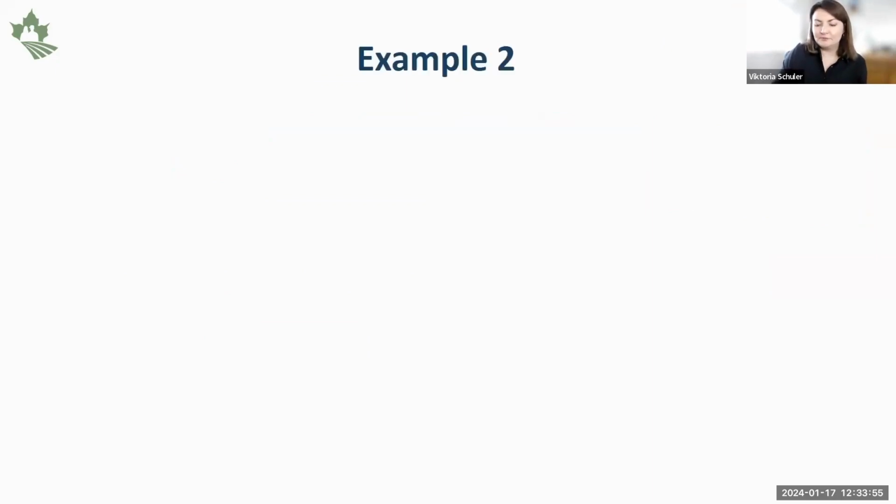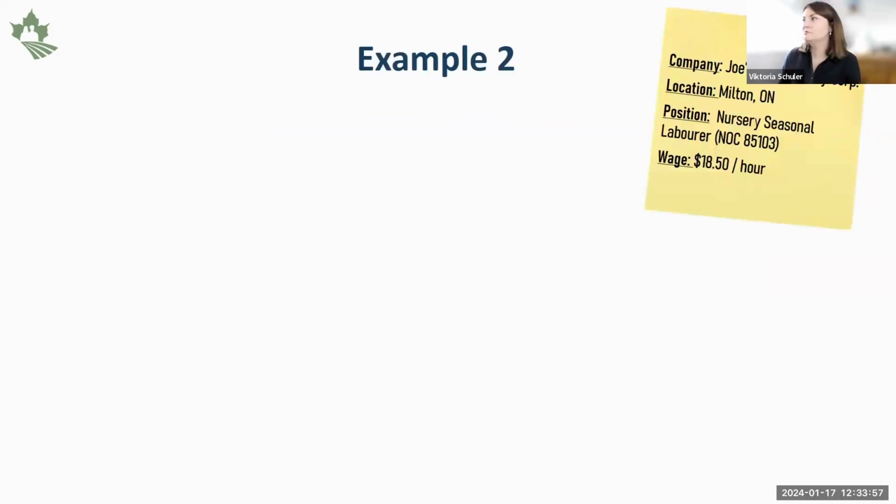Here is another example. Joe's Tree Nursery, an Ontario-based business specialized in potted and caliper trees. They are looking to hire 3 seasonal laborers to work at the production nursery near Milton. And the work will be from April to October. The business advertised positions in the local newspapers.